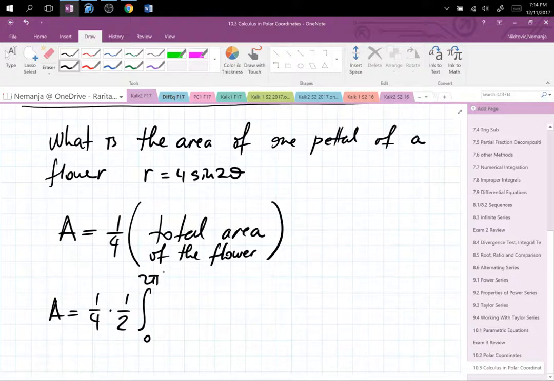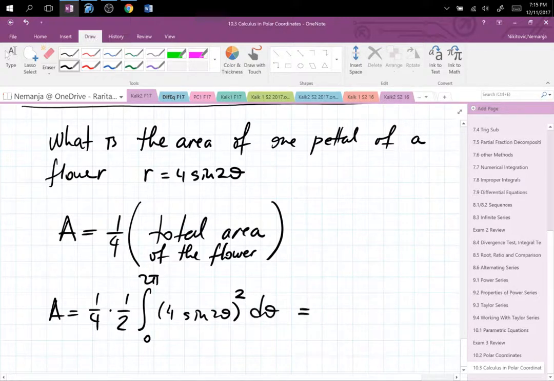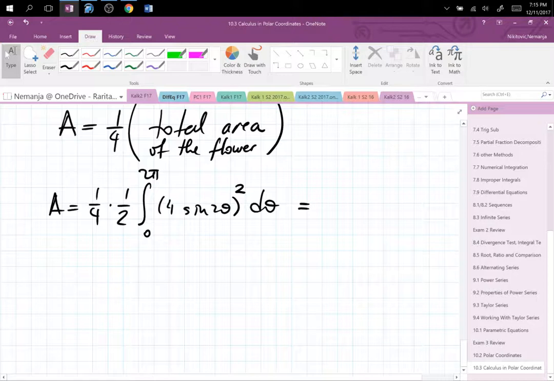So you calculate 0 to 2 pi, and then you take 1/4 of it, because you want 1 out of 4 petals that you have. And then function squared, so 4 sine 2 theta squared d theta. So now it's a little bit spicier integral, but still possible.